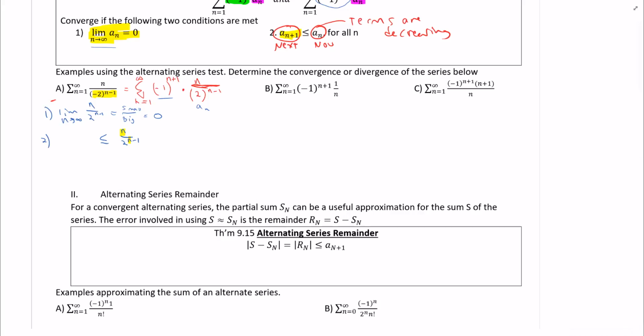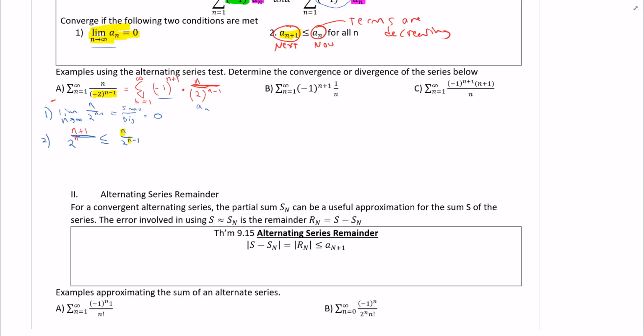So instead we're going to write n plus 1 divided by 2 to the n plus 1 minus 1. You can clean that up: n plus 1 minus 1, those just go away, that's just n. So is n plus 1 divided by 2 to the n less than or equal to n divided by 2 to the n minus 1?